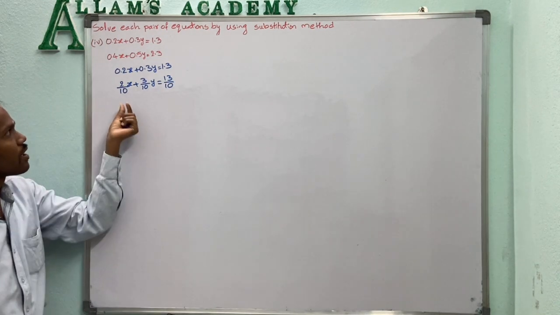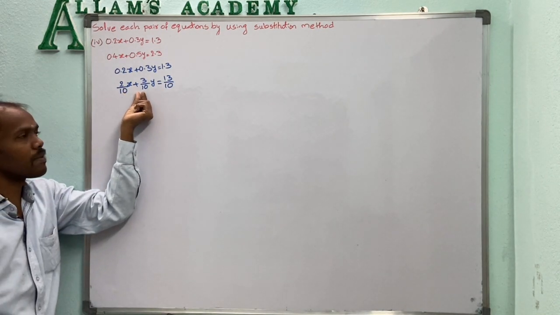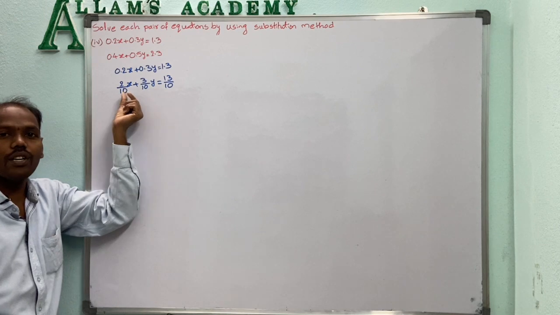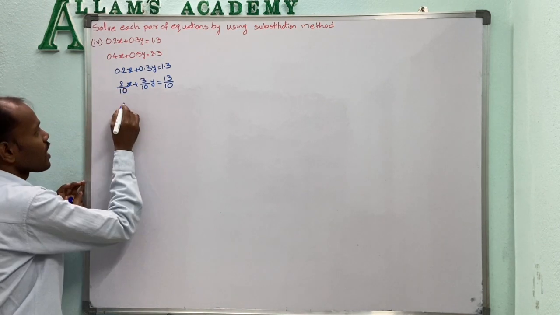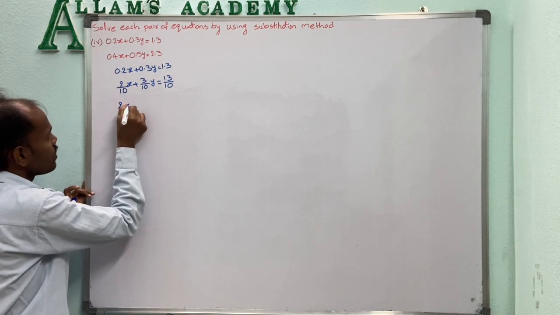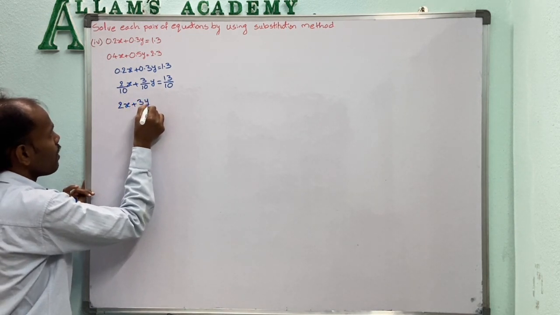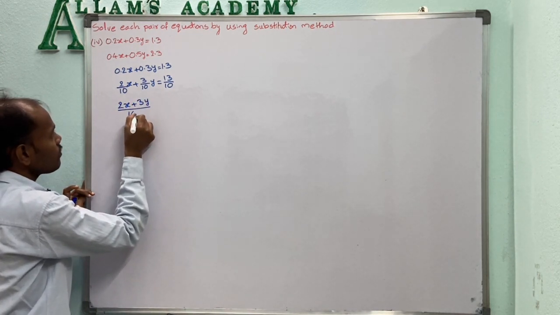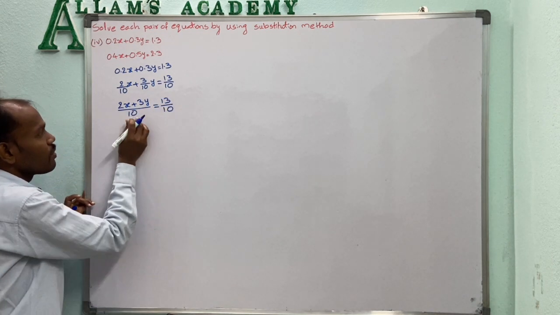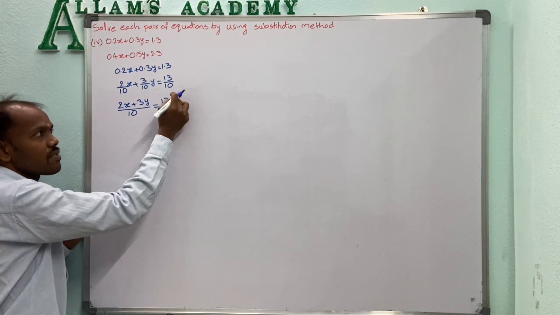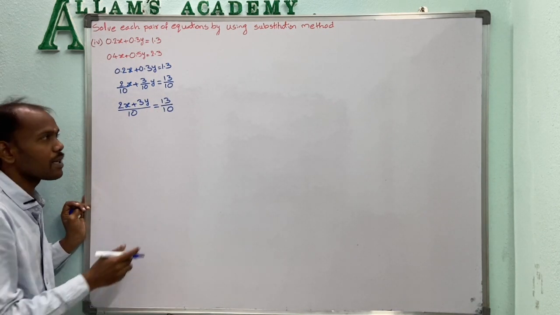Now both 2 by 10 x plus 3 by 10 y, observe they are like fractions, so directly we add the numerators. That is 2x plus 3y by 10 equal to 13 by 10. Now this denominator 10 transfers to this side, that is multiplication.